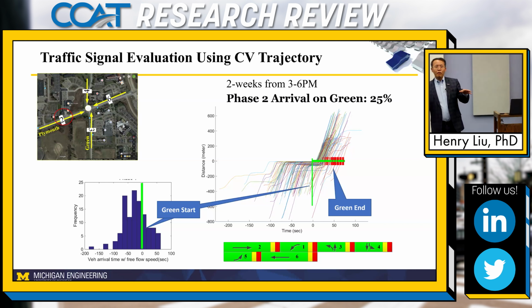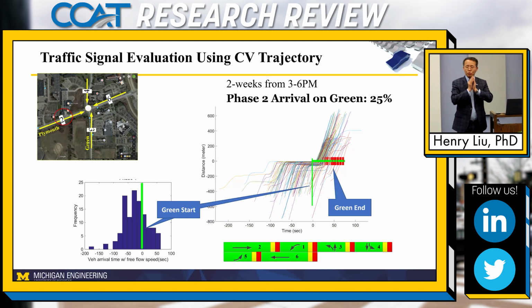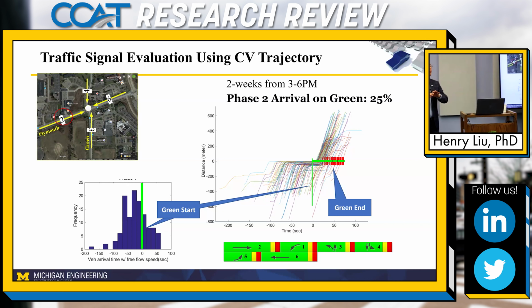Usually, for the major movement, the arrival on green should be better than 50%, because you favor this movement and you should give longer green time to this movement to provide coordination as well. However, at the time, this phase 2 arrival on green was about 25%. So we know it's not really working that well for whatever reason.